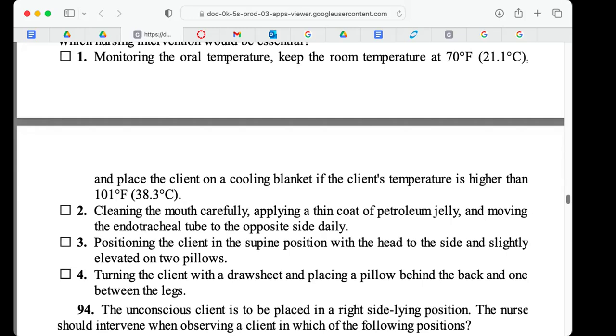Because their mouth is open most of the time, they're at high risk for dryness, dry lips, dry mouth. So we want to clean the mouth and get rid of bacteria. We want to keep the mouth moist. We want to keep the lips moist as well. So the nurse must clean the unconscious client's mouth carefully, apply a coat of petroleum jelly and move the endotracheal tube to the opposite side daily to prevent dryness, crusting, inflammation.